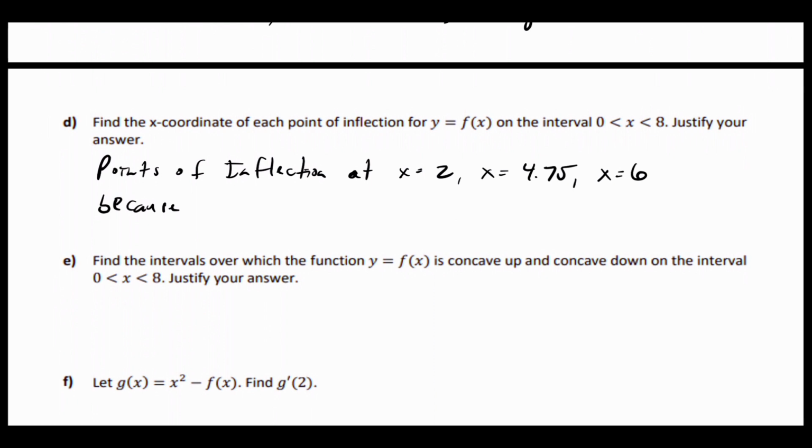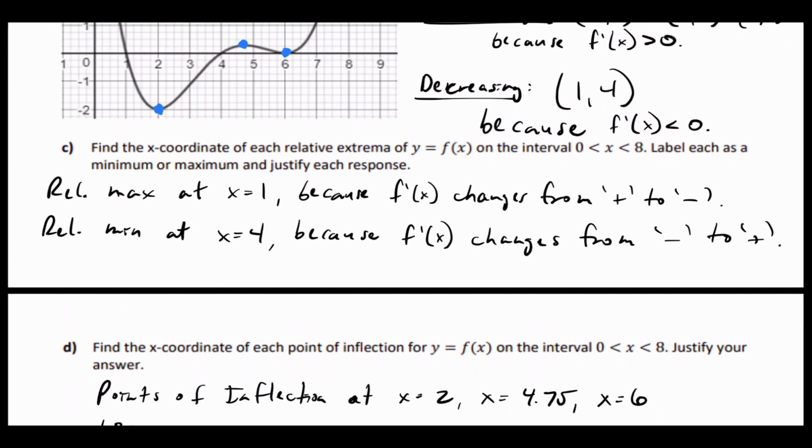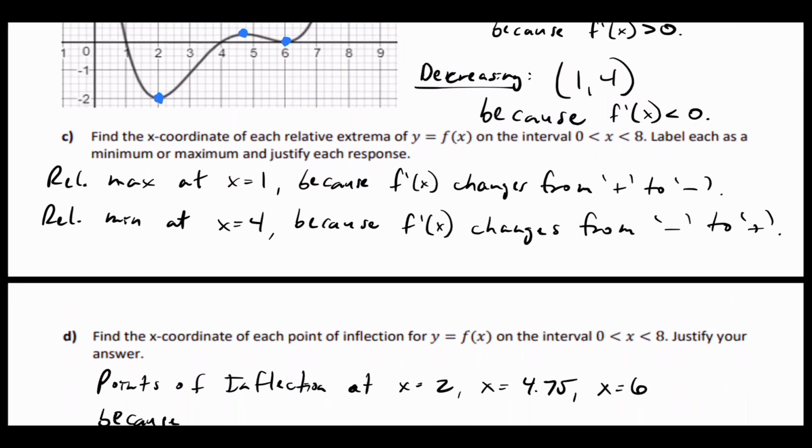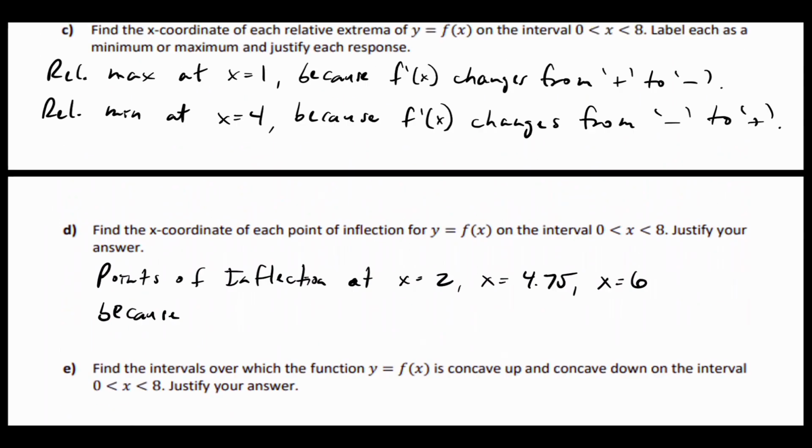What's true about all of those points on the graph? All of those points on the graph are where we have what? What do the directions say?